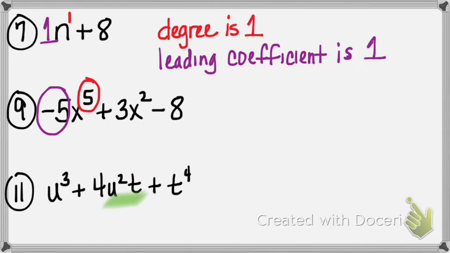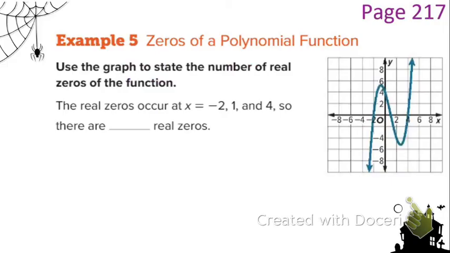All right, so now let's go back to our reveal book and let's look at example 5. So we also had a question similar to this on the last test, where you had a graph and you had to tell me the zeros. The zeros, does anyone remember another word for zeros?